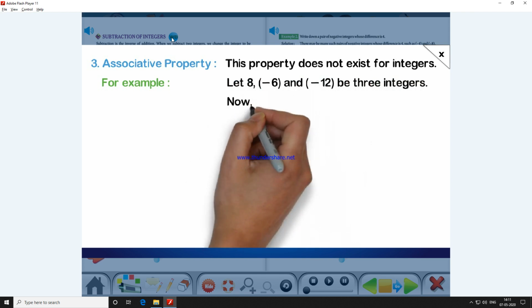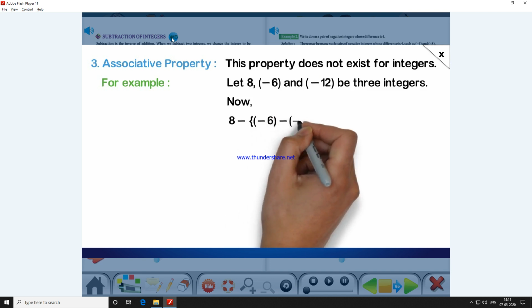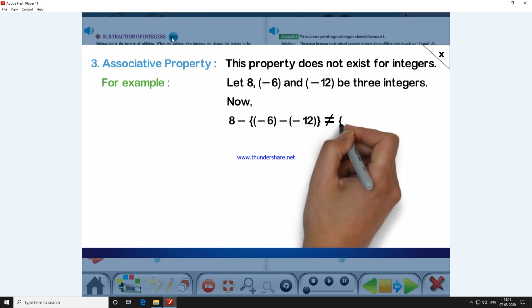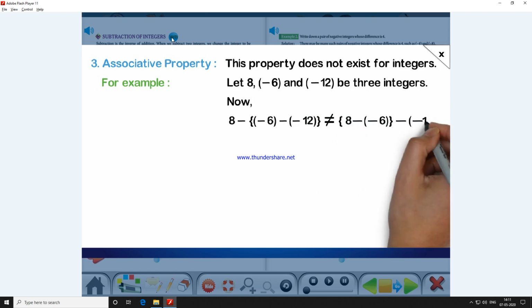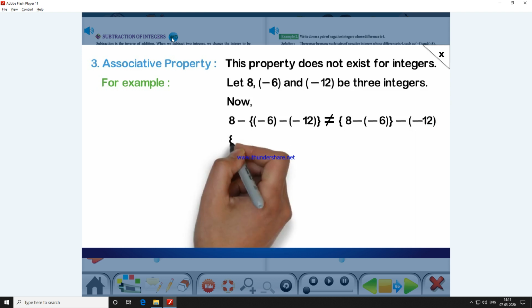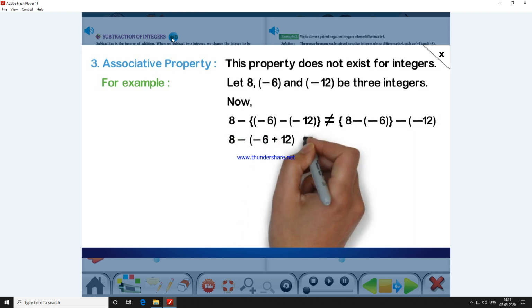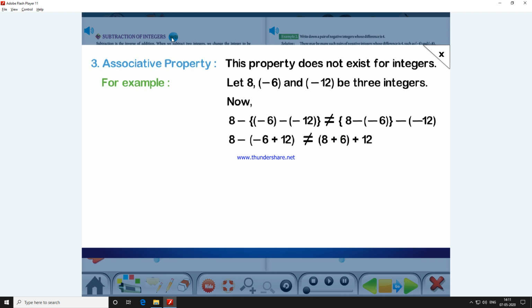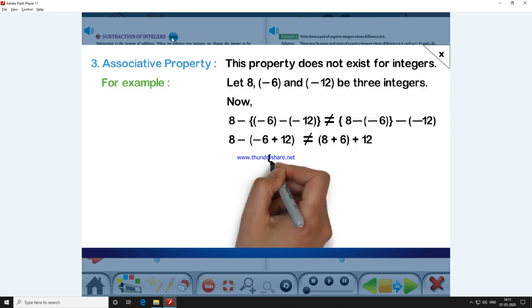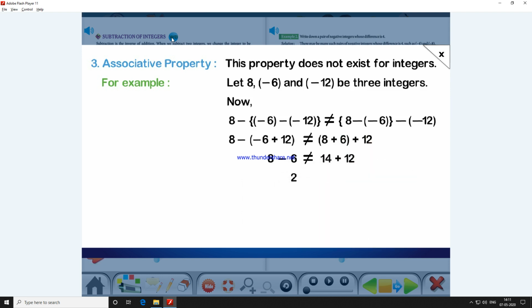Now, 8 minus open curly bracket minus 6 minus minus 12 close curly bracket is not equal to open curly bracket 8 minus minus 6 close curly bracket minus minus 12, which implies 8 minus open bracket minus 6 plus 12 close bracket is not equal to open bracket 8 plus 6 close bracket plus 12, which implies 8 minus 6 is not equal to 14 plus 12, which implies 2 is not equal to 26.